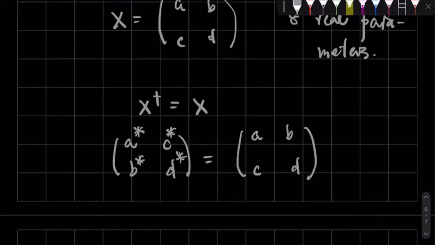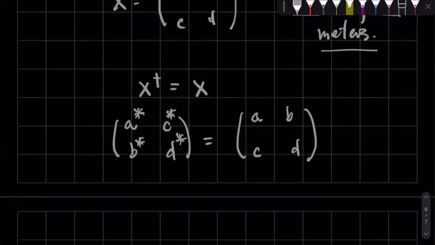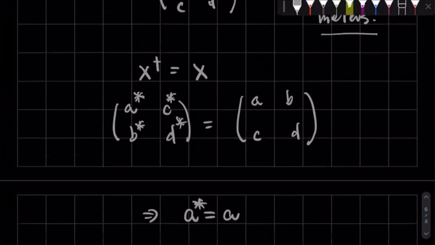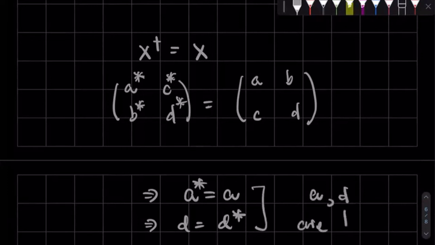So this cuts down the number of independent parameters from 8 to 4, right? So this means that A needs to be real, and then it also says that D is real. Okay, so A and D are 2 real parameters.